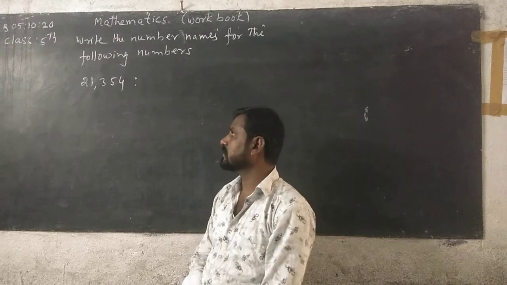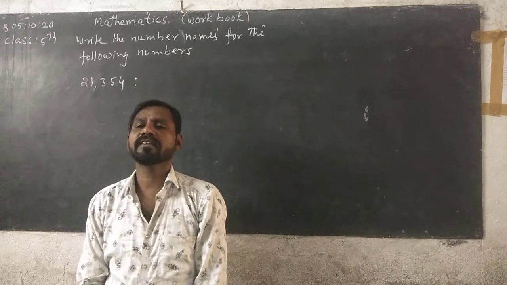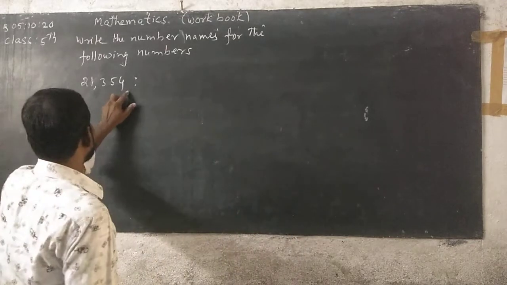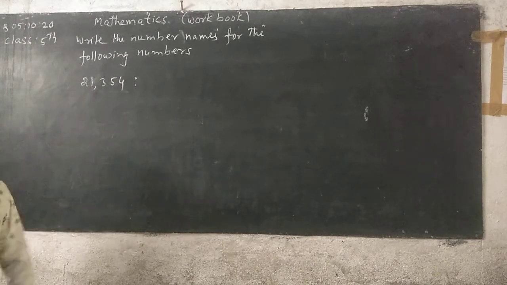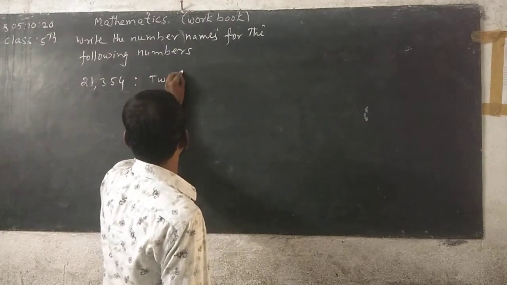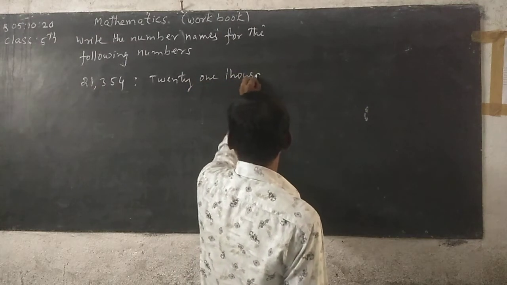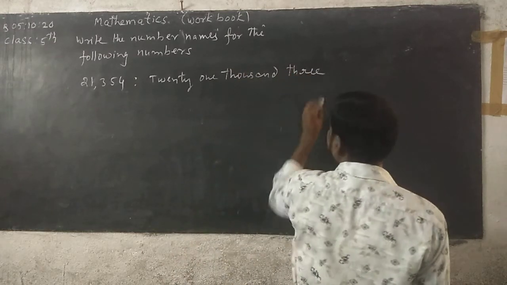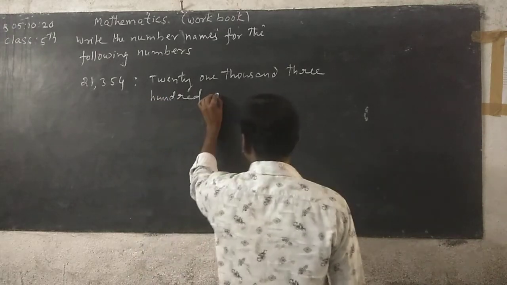See next, according to our Indian place value chart, the fourth and fifth places are called thousands period. See here, from right to left side, 354 is in ones period, 21 in thousands period. Then you can write 21,000, 354.